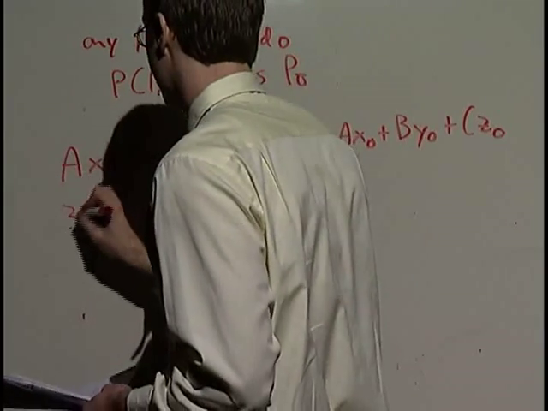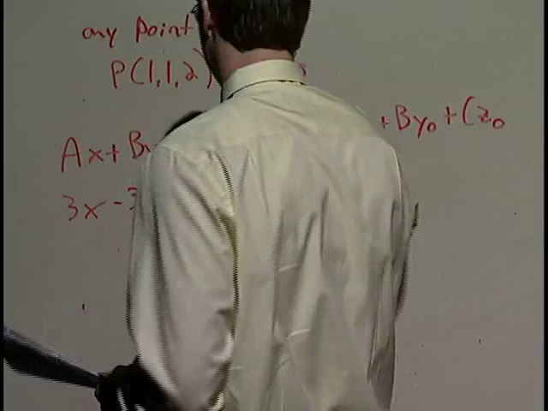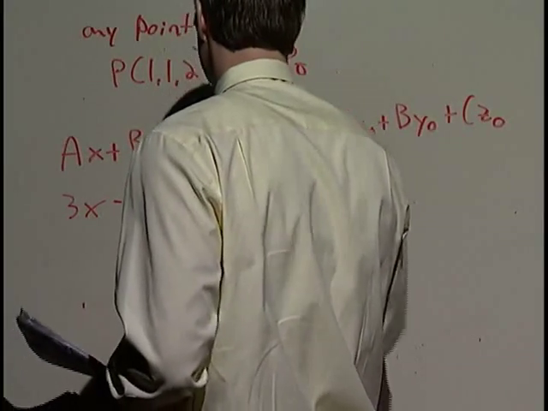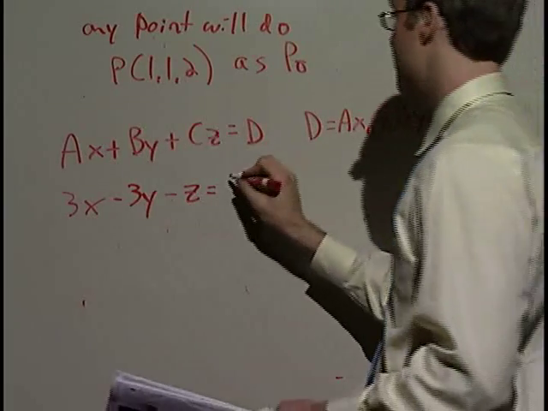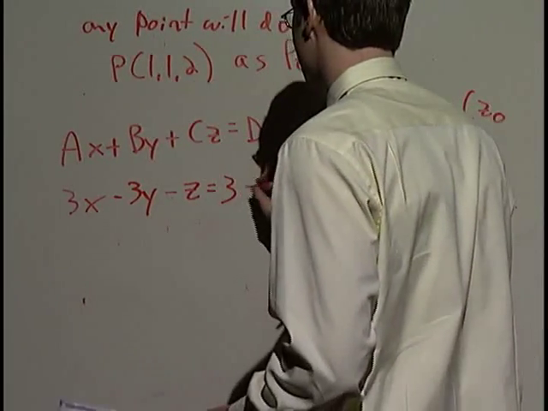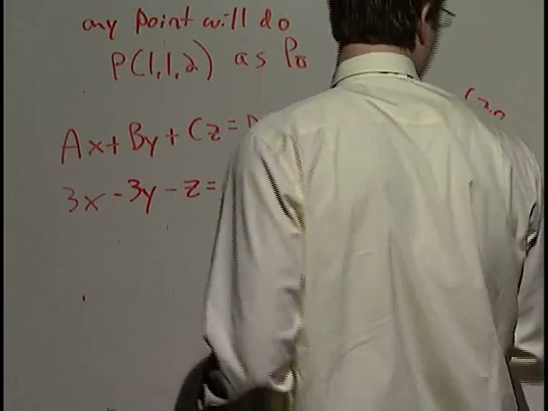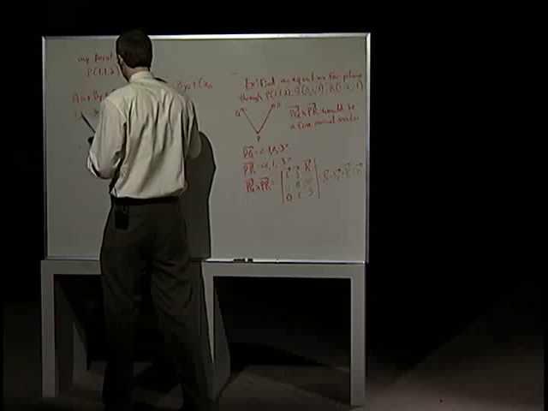The normal vector gives 3x minus 3y minus z equals, and then 3 times 1 gives me 3, that's A x naught. Negative 3 times 1 gives me minus 3. And negative 1 times 2 gives me minus 2.